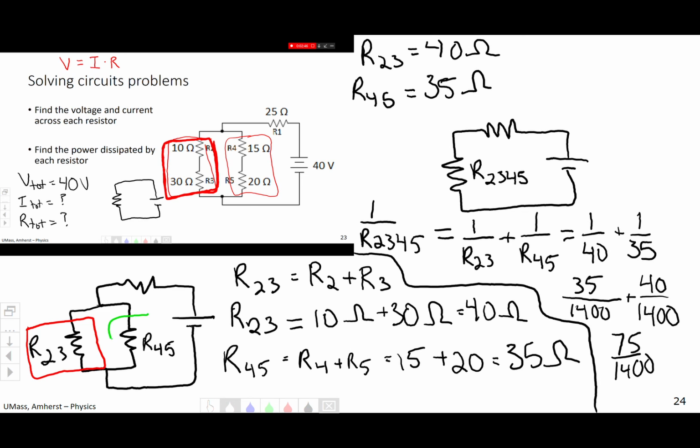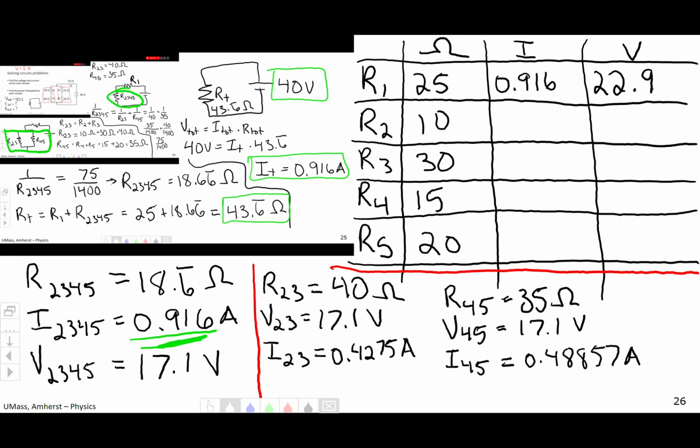Same with R45, which is R4 plus R5 in series. So that means R2 and R3 are going to receive the same current as R23. So R2 and R3 each receive 0.4275 amps.